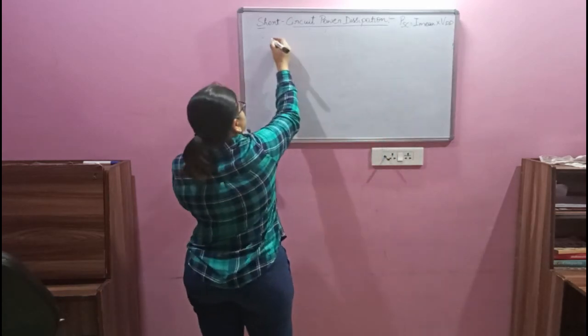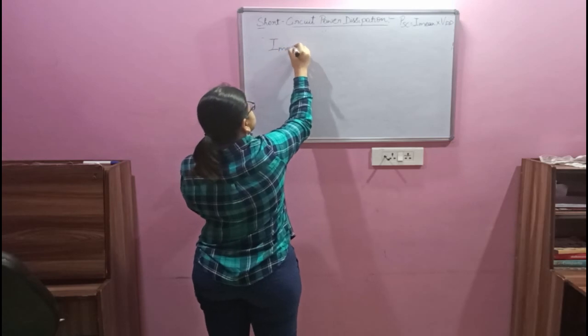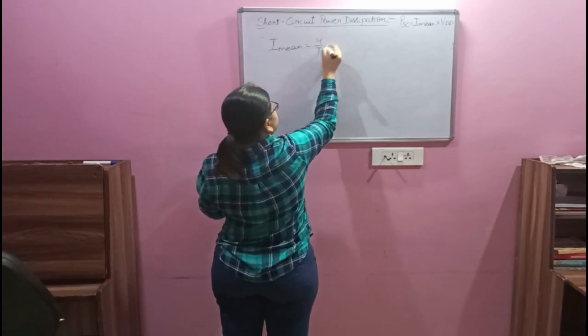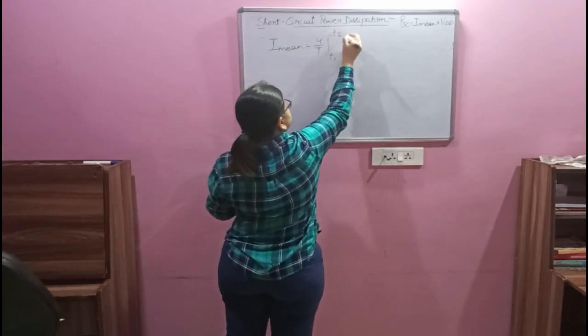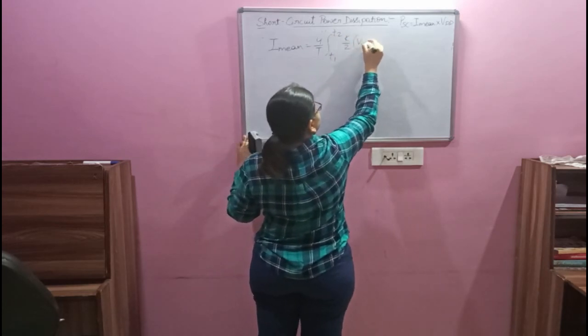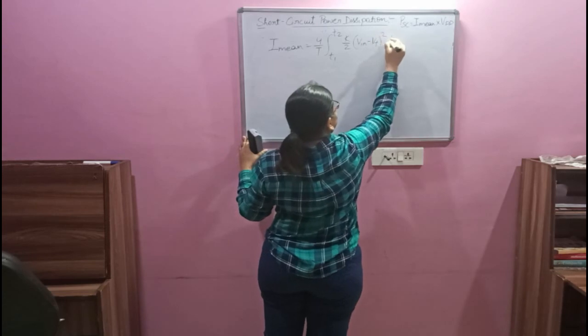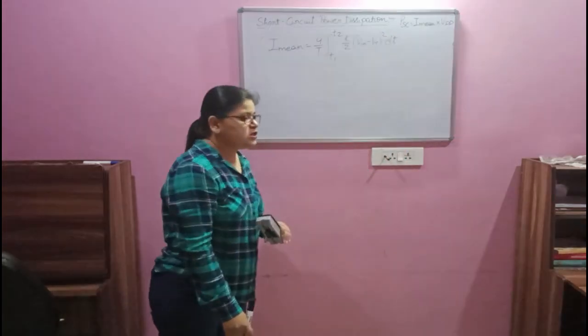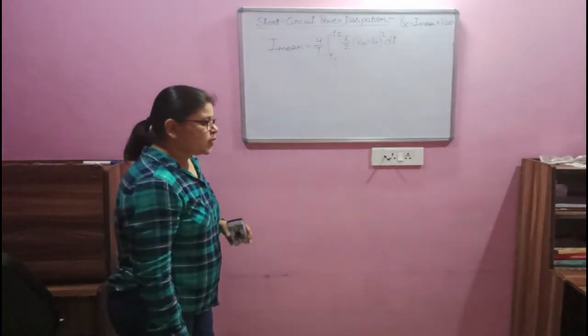So again rewriting the equation of mean current which I have just written, it was 4 by T, integral from T1 to T2, K by 2, Vin minus VT whole square into dt, right?